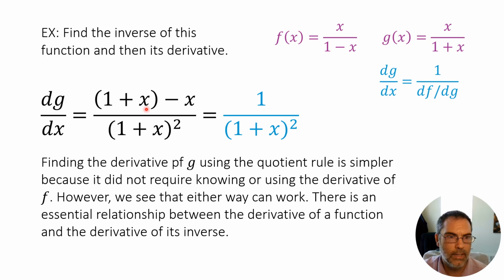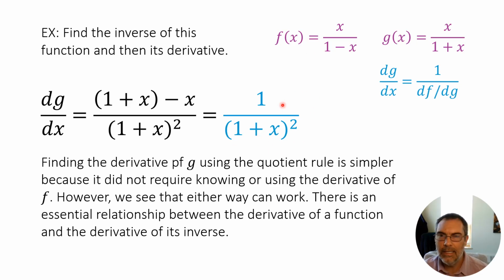So 1 plus x times 1, and then minus the top times the derivative of the bottom. The derivative of the bottom is also 1, so just minus x. So 1 plus x minus x gives us 1, and then on the bottom we have the denominator squared, 1 plus x squared. So which is just what we found before.